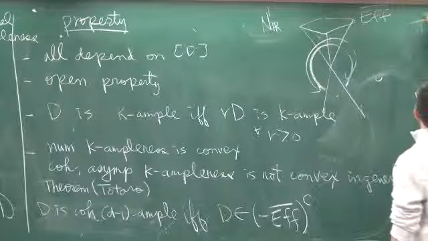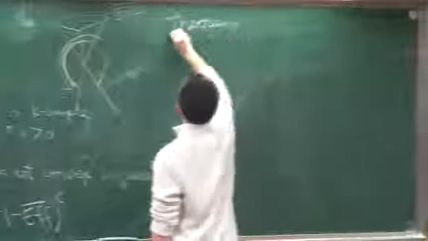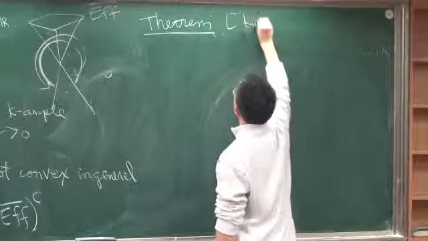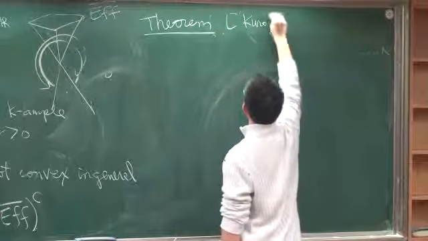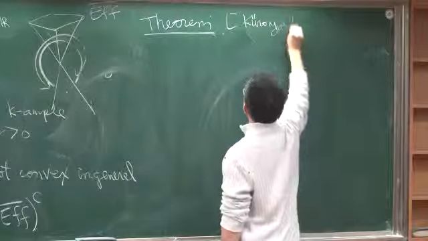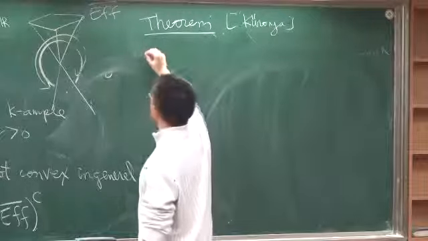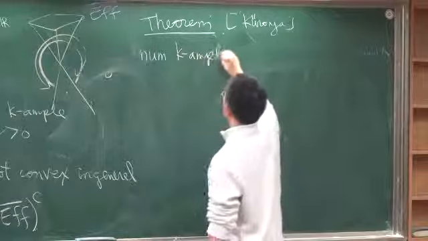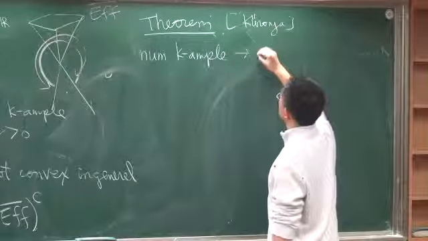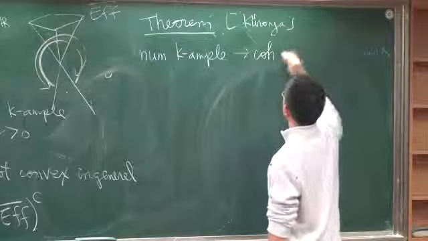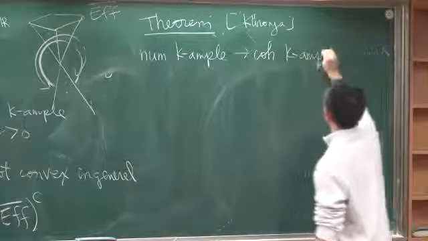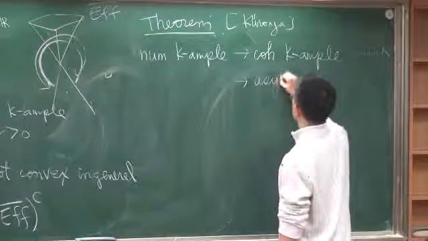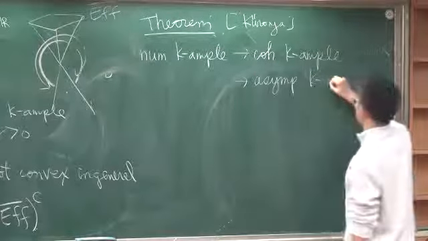And there is an important theorem mainly by Kollár, which says that numerically K ample implies cohomologically K ample. And by definition, this implies asymptotically K ample.